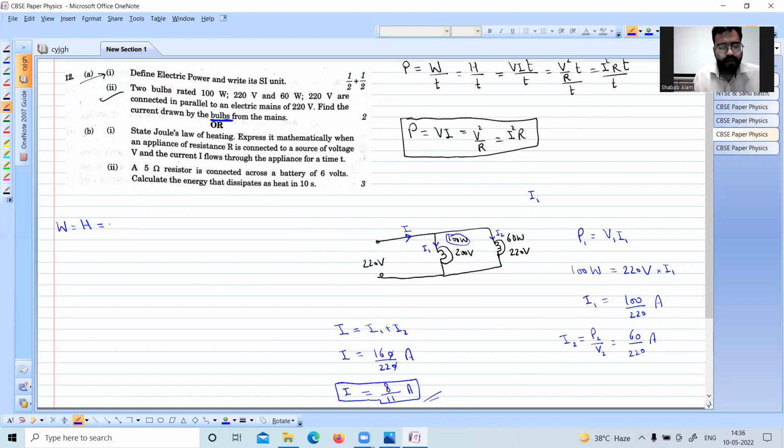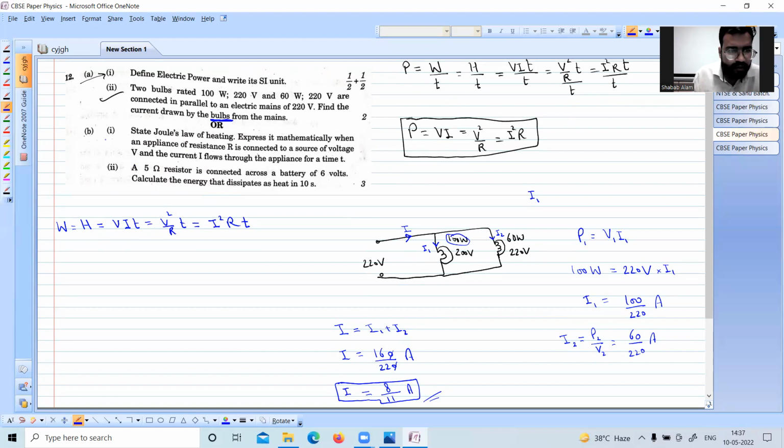Due to the collision of the charges, due to the opposition which they face in a resistor, there is heat generation, and that we talk about from the formula VIt, or V square upon R into t. Time is also included, for how long they experience such a situation. That is what determines how much the energy is.